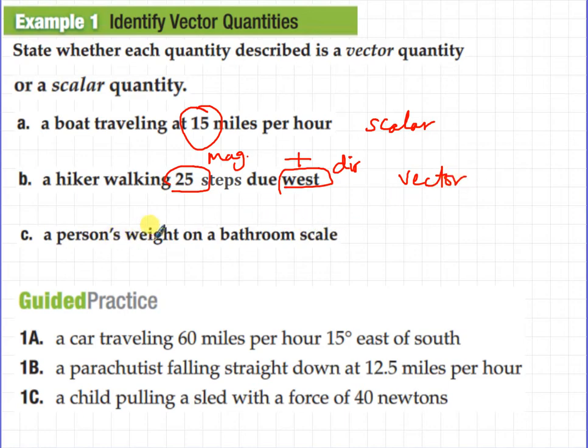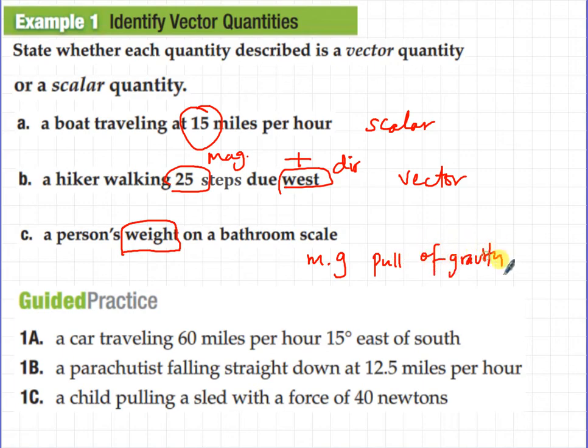A person's weight on a bathroom scale. Here, you should all know that weight is a type of force, and force is a vector quantity. Simply, weight is force because it's the product of m times g, and g is the pull of gravity.